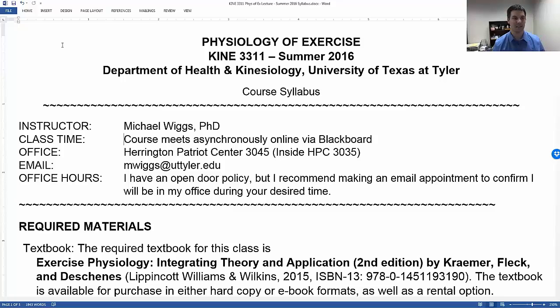We'll talk more about the layout and how that works here in just a little bit. My office is kind of tricky to find. I didn't do that on purpose, but it is not the most student-friendly place to find. If you come into the Harrington Patriot Center, I am in office number 3045. You won't be able to walk down any halls and find that. You actually have to poke into a makeshift classroom, which is HPC 3035, and then you'll find my office in there.